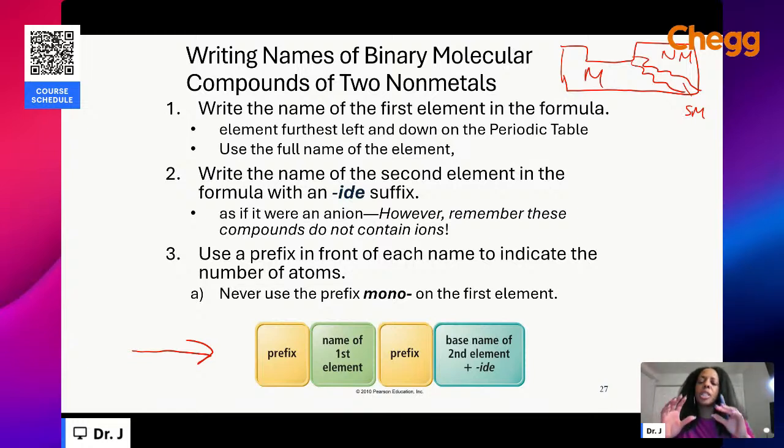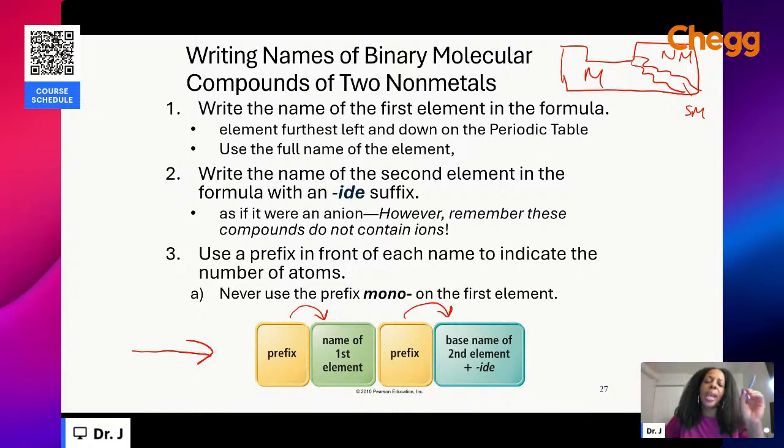But that prefix is describing how many of each of that atom are present. And so when we have two nonmetals, we'll have a prefix first that describes the first element. And then we use another prefix to describe the second element.